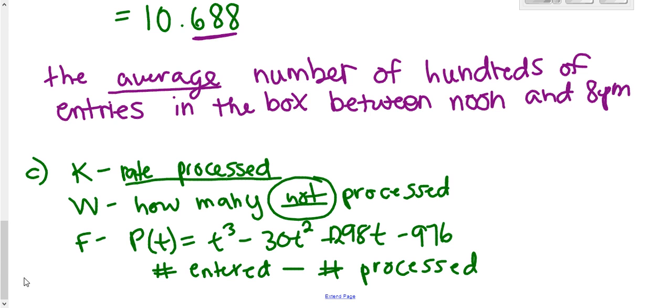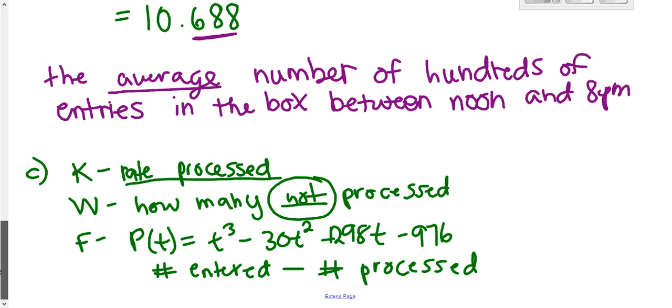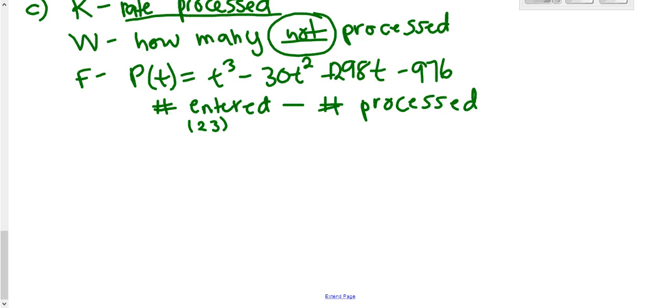So when we look back up at the problem, this tells us how many entries there were. At the end of the day, there were 2,300 entries, so we started with 23. To get the number processed, we're going to get it from this equation. This is our calculus decision: if we have a rate and we want a number from that, we are going to integrate.